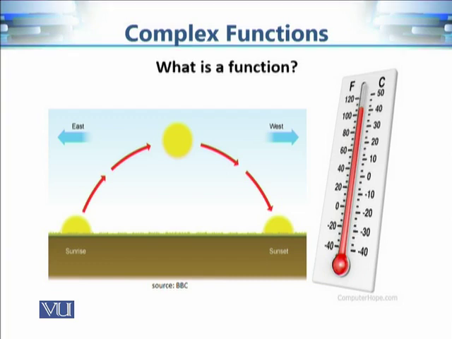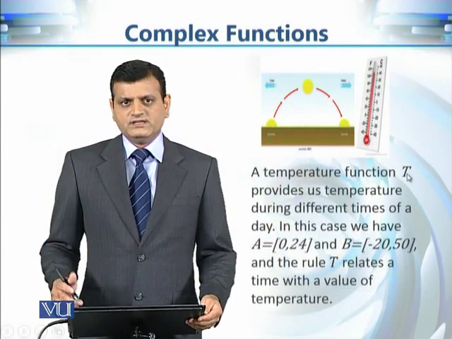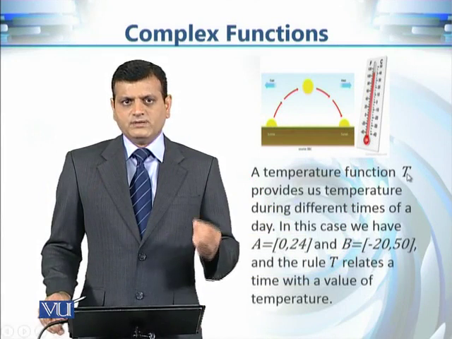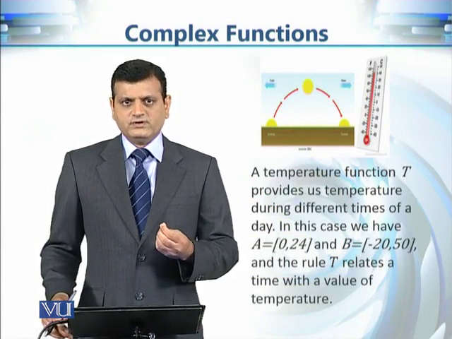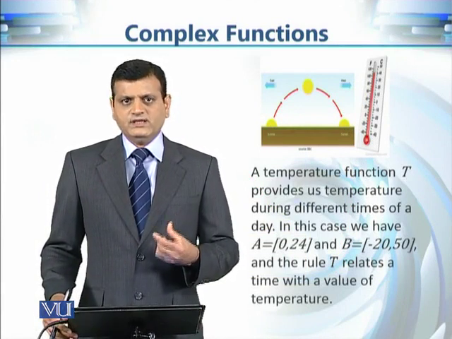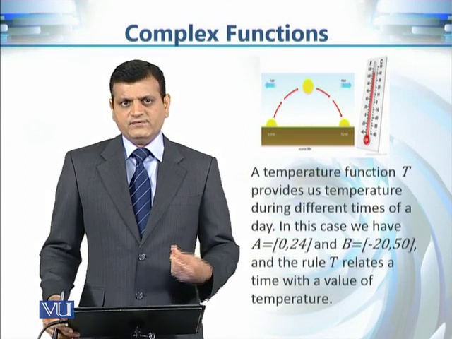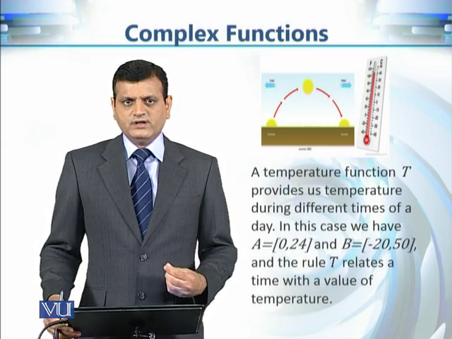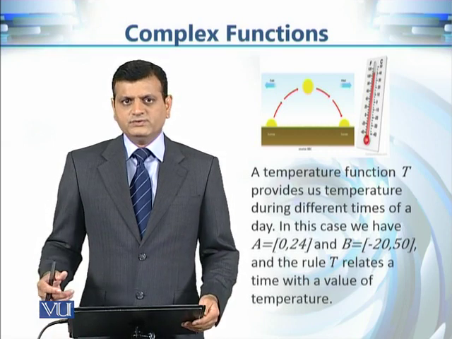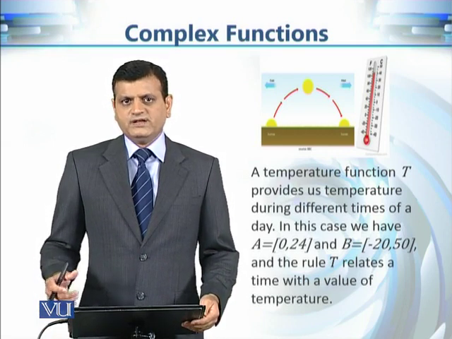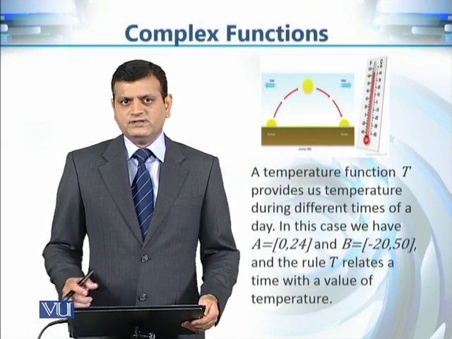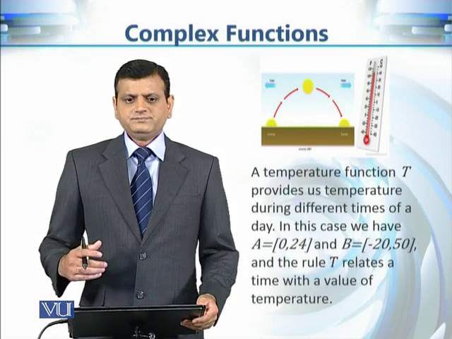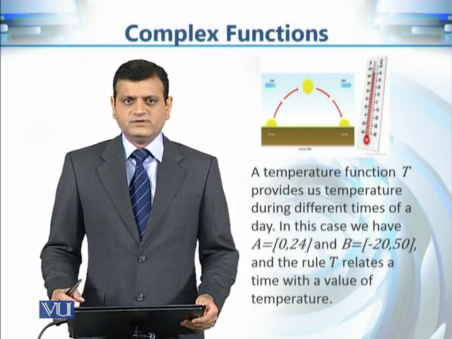More precisely, the temperature function T is associating each and every number in the closed interval 0 to 24, since there are 24 hours in a day, with a unique value between minus 20 degrees C and 50 degrees C. So this is a temperature function.